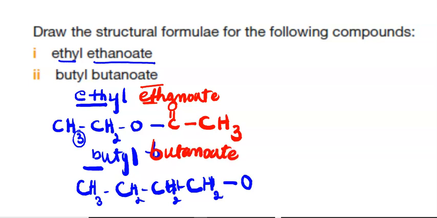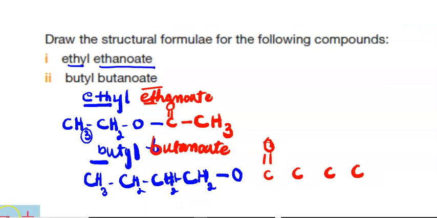So butanoate means you need to draw 4 carbons again. But this carbon has a double bond with oxygen. So you can write it in this form, or you can write it in this form.